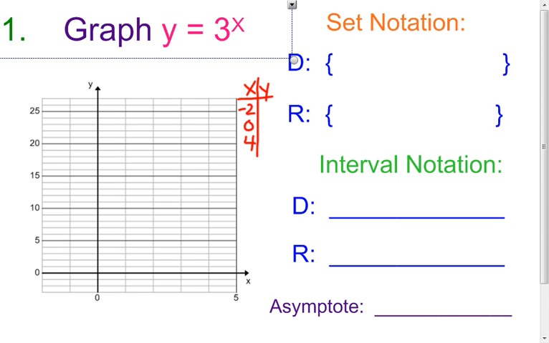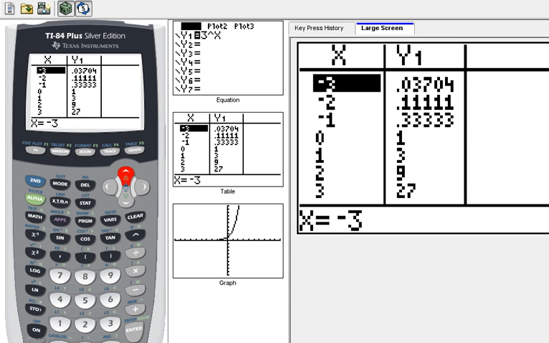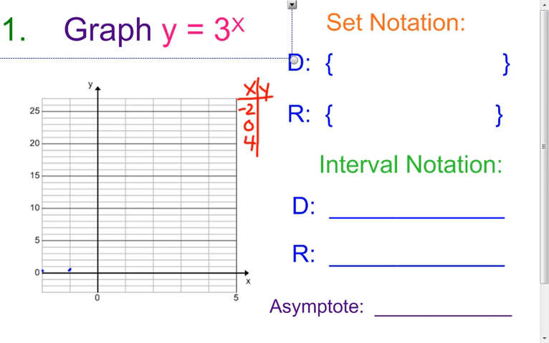So -2 and 0.1 is just barely up there. -1 and 1/3 about. It's hard to get these on a graph, but, and then 0 and 1, 1 and 3, 2 and 9, 3 and 27 is where that would go. So you can see that it looks like this, okay?